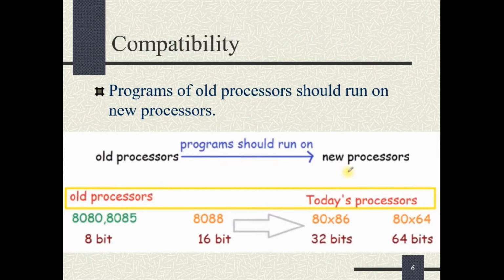How? Compatibility means the programs developed on old processors should run on new processors. For example, if I develop a program on a 16-bit processor, this program should run on 32-bit or 64-bit processors.